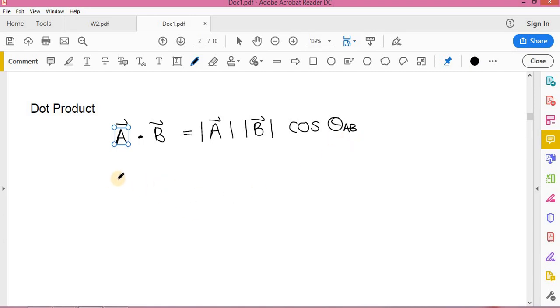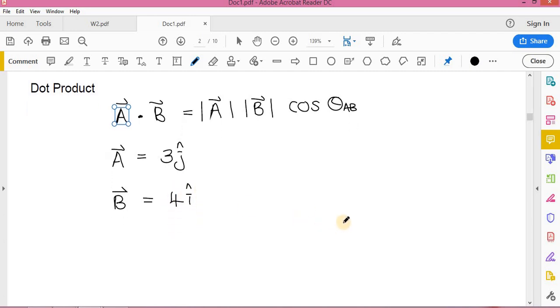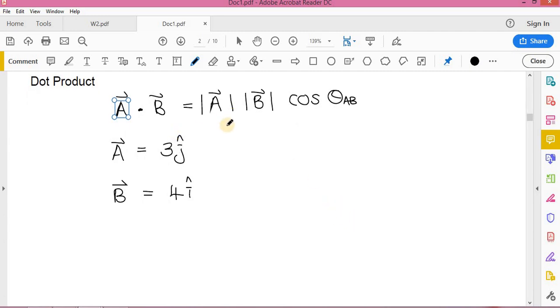Now if you have vector A equals 3j and your vector B equals 4i, in order to get the answer, you have to find the magnitude of vector A. This is very direct because you don't have the other component.